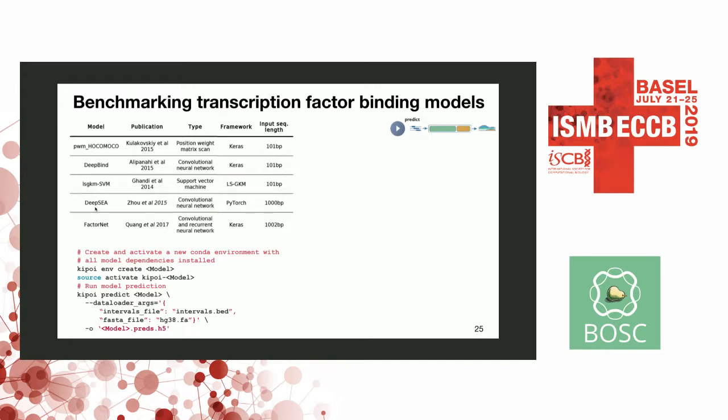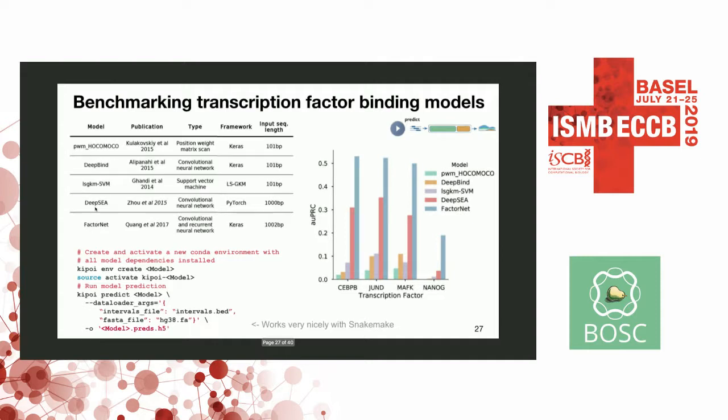And then prediction is done on very standard files, you start from bed files and FASTA files. They are all parsed by the data loaders, sent to the machine learning model, and then the predictions are stored in HDF5 format. So this facilitates benchmarking, and in this case, we could show that all these deep learning models largely improve over classical models, of course.